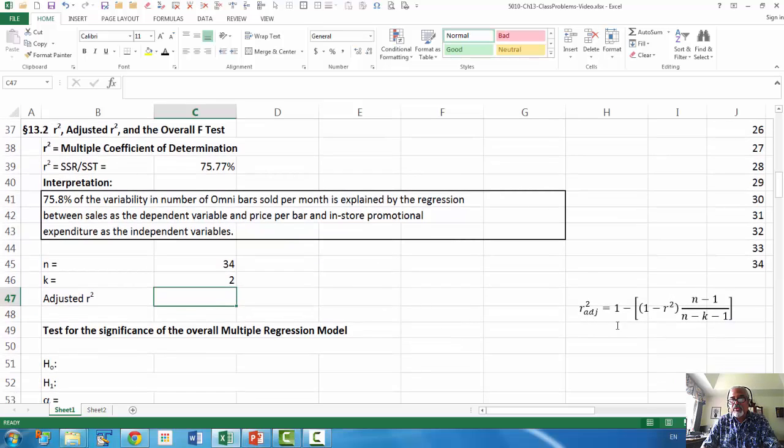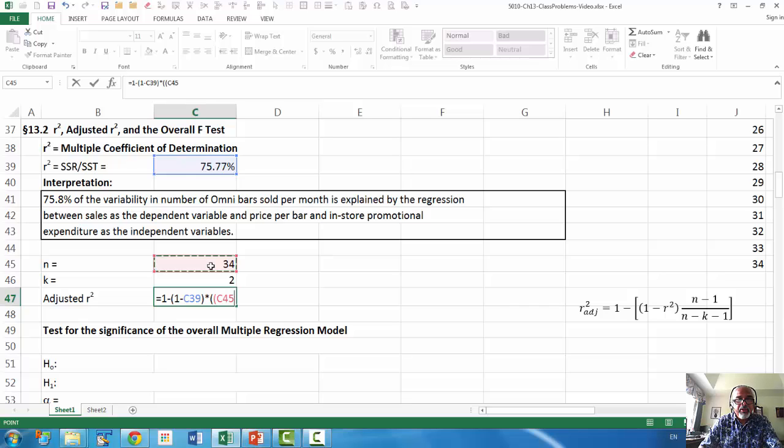So adjusted R squared, using this formula, is equal to 1 minus (1 minus R squared) times (N minus 1) divided by (N minus K minus 1).